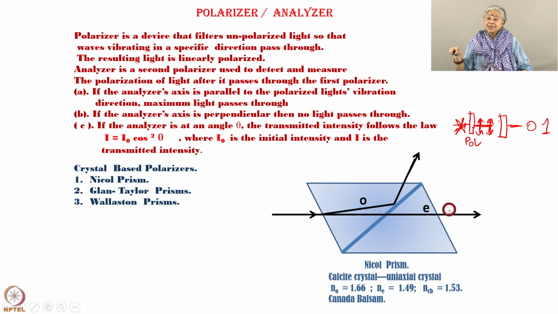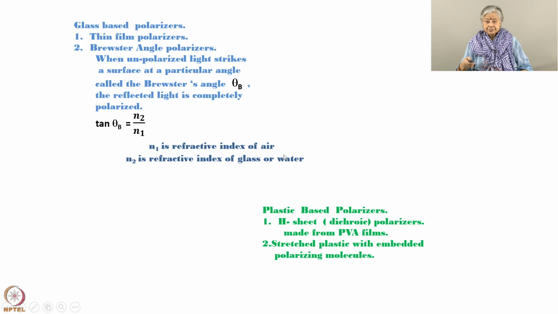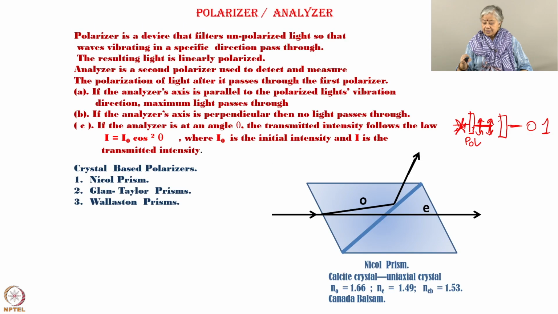So you have physically been able to distinguish between two linearly polarized lights. The O ray is one linear polarization which is orthogonal to the E ray. So this is a polarized light, this is a polarized light.